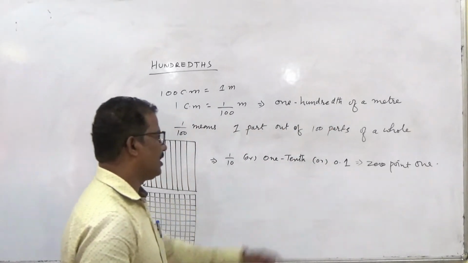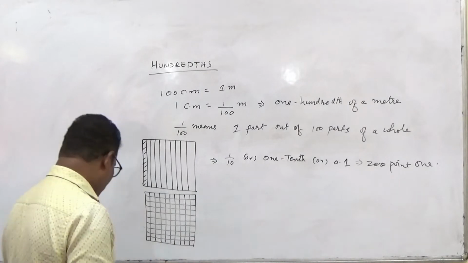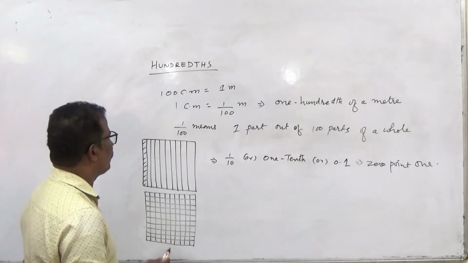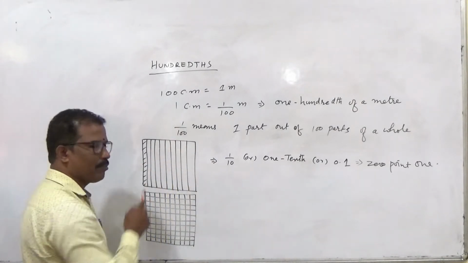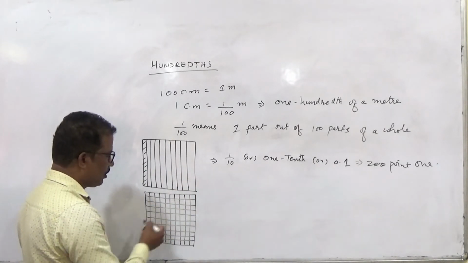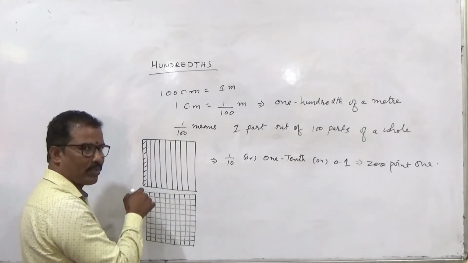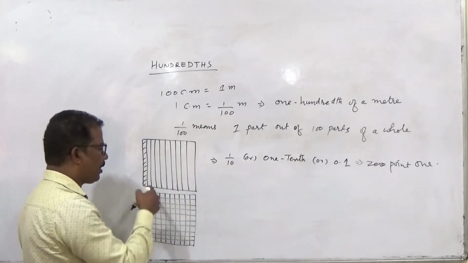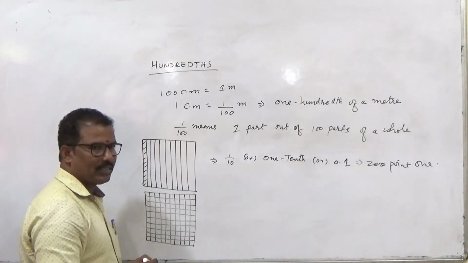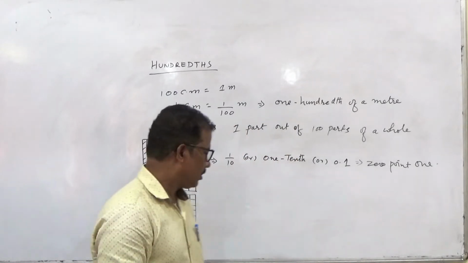So how can we read the decimal number here? 0.1. Similarly, now I am going to explain 1 by 100. See, the whole square is now divided like this. Each of these 10 parts is now divided into 100 equal squares. How many? 100 equal squares.